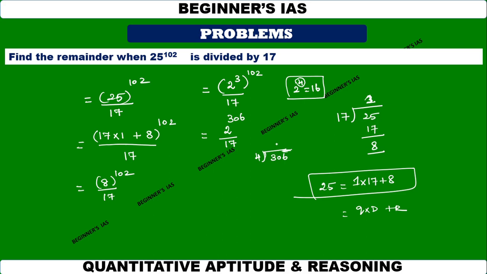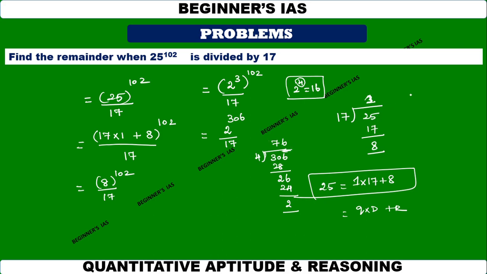So now check here, 4 7s are 28, now 2 6, now 4 6 are 24, now just 2. Here we can split.